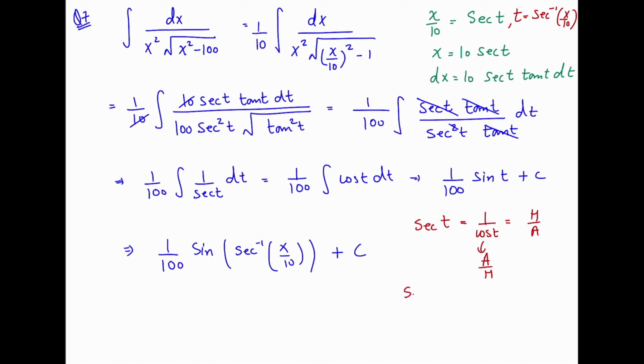So when you're given a secant of t as x over 10, you're given the hypotenuse and the adjacent. If you were to draw a right angle triangle here, and assume that angle to be t, then the adjacent of this triangle will be 10 and the hypotenuse will be x. So this side can be found by Pythagoras theorem to be square root of x squared minus 100.